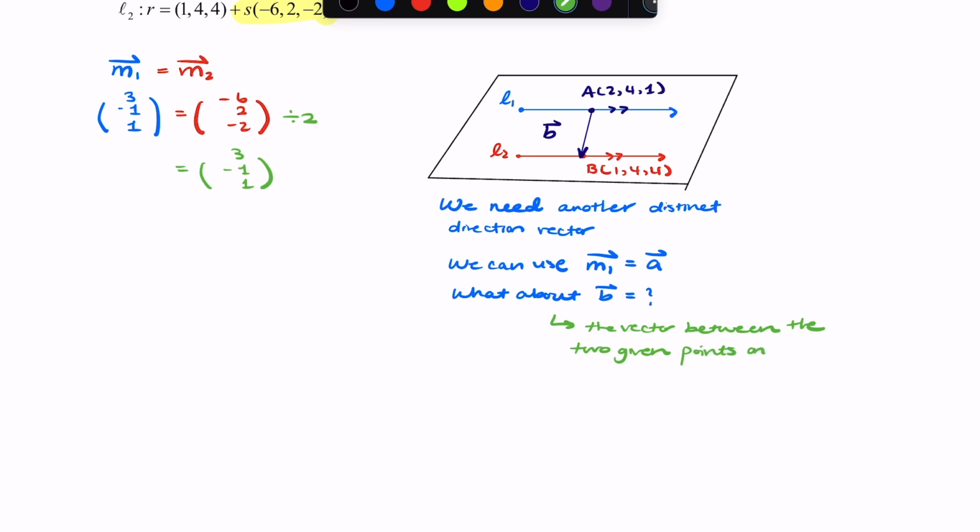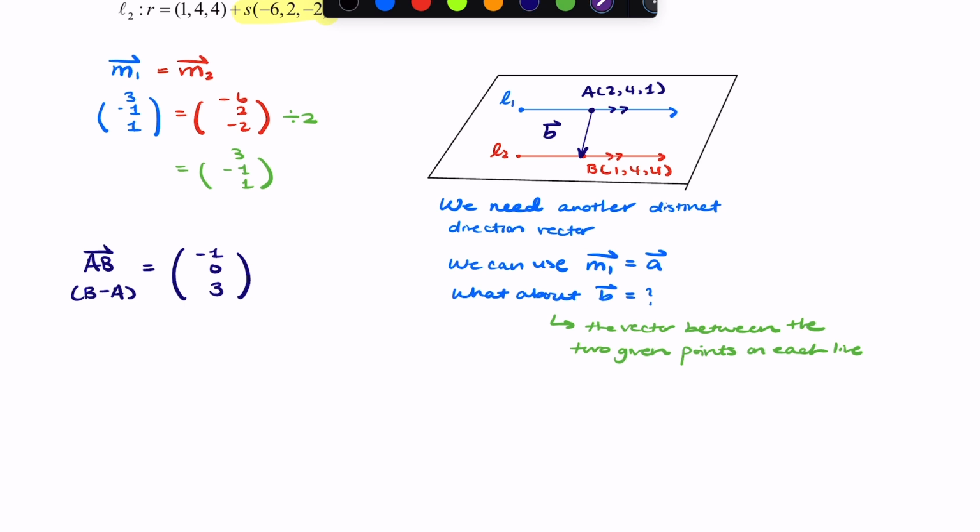And so that again will be represented as our vector AB, which is B minus A, which here is equal to -1, 0, and 3.